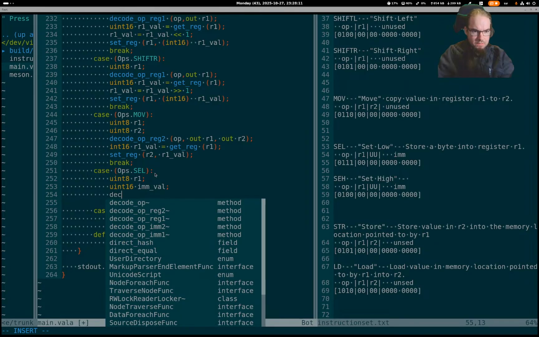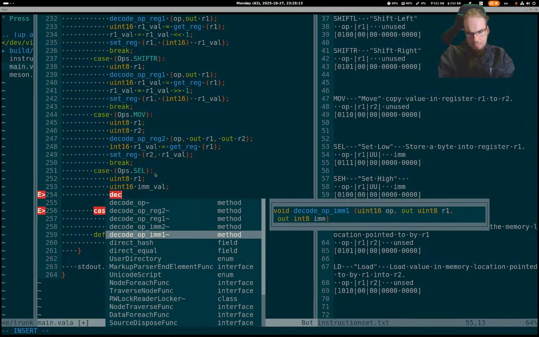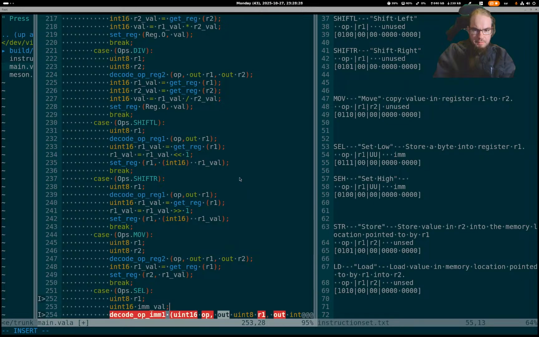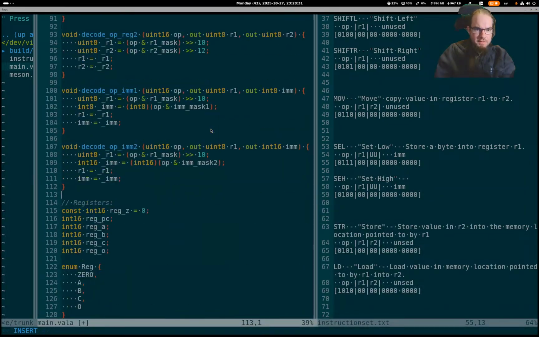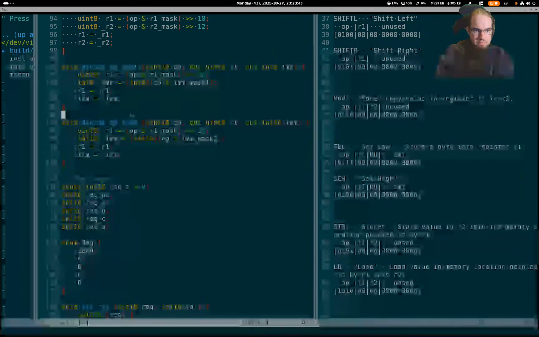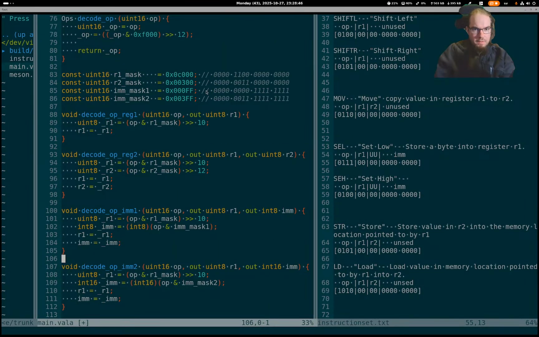Then the code, that one. Because we don't have a second value, we can just remove that. No, wait, that's correct. Yeah, those are the same.